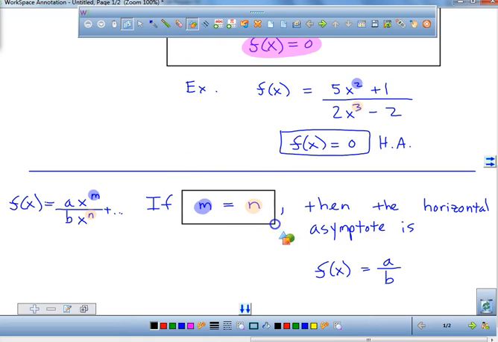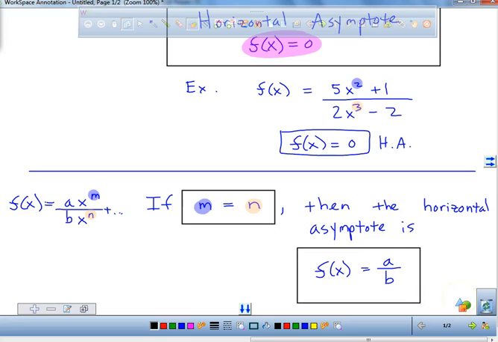If m is equal to n, then f of x equals A over B. I'm going to give you an example of that one.